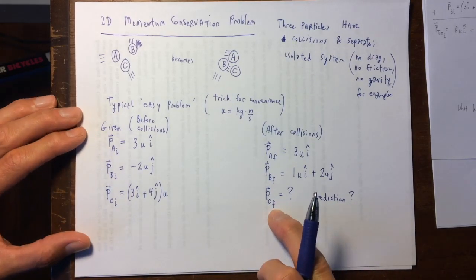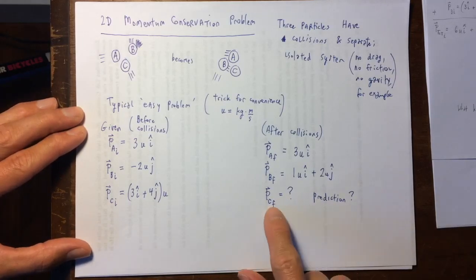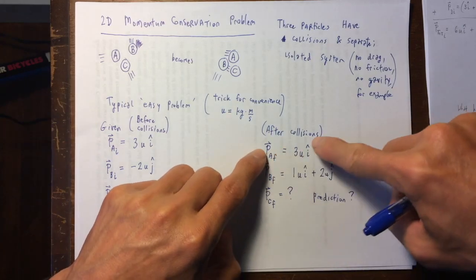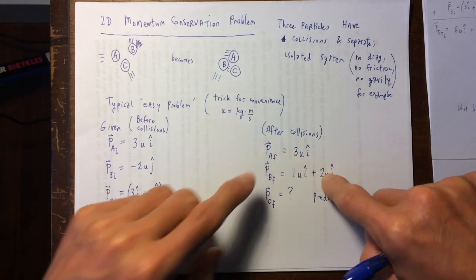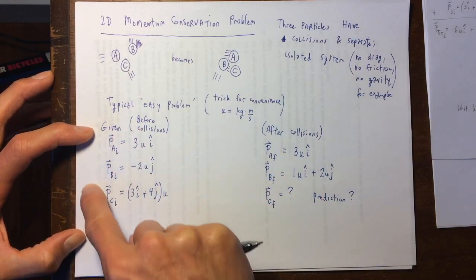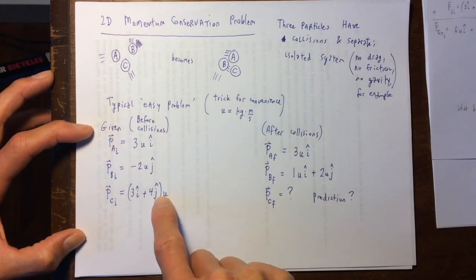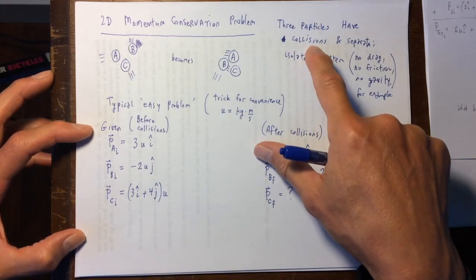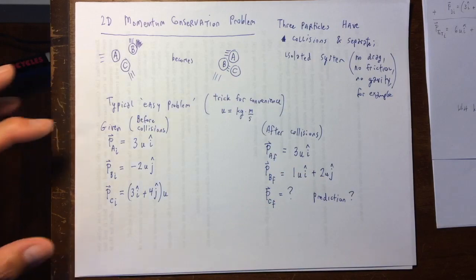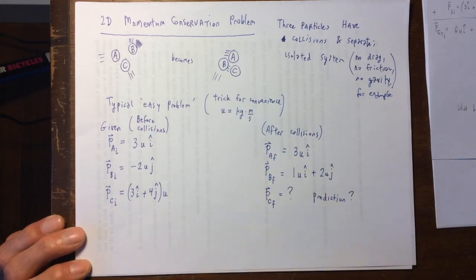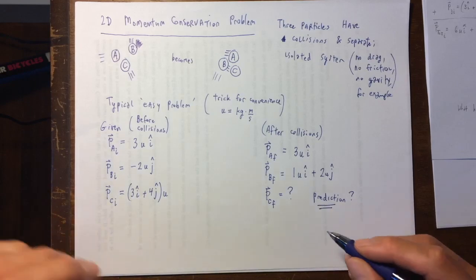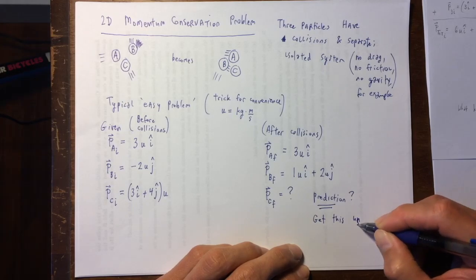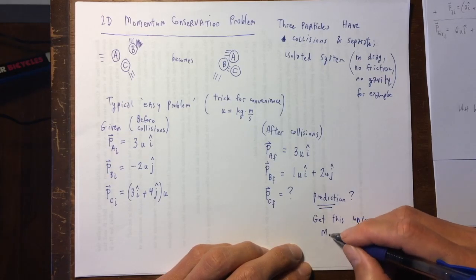This is how we're going to get a good grade on our test, is we're going to give the vector value of C's momentum if B and A's momentum after the collision are these values, and before the collision, this was everything about the momentum beforehand, before the 1 or 2 or 3 or 10 collisions that happened between A, B, and C. So what we're going to do is we're going to get this using momentum conservation.